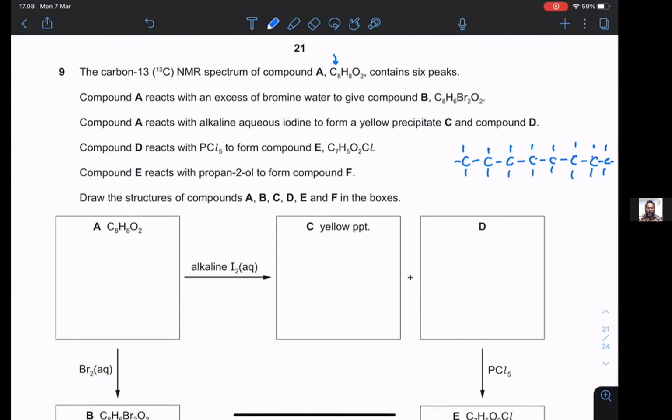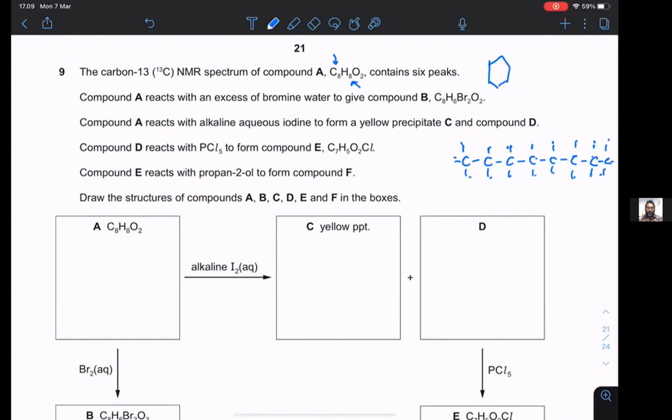So 1, 2, 3, 4, 5, 6, 7, 8, 9, 10, 11, 12, 13, 14, 15, 16, 17, 18. But here you are going to have only 8 hydrogen. So how do we have a lot of carbon but less hydrogen? Most probably this is dealing with something that has a benzene ring.